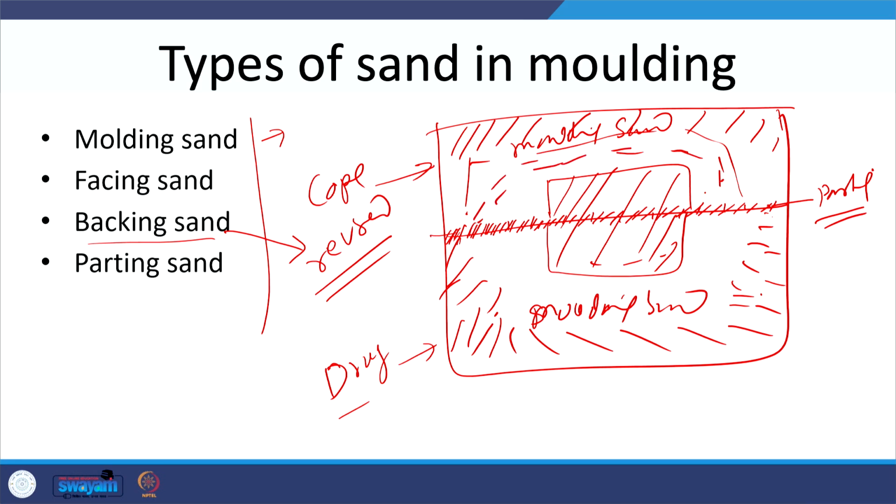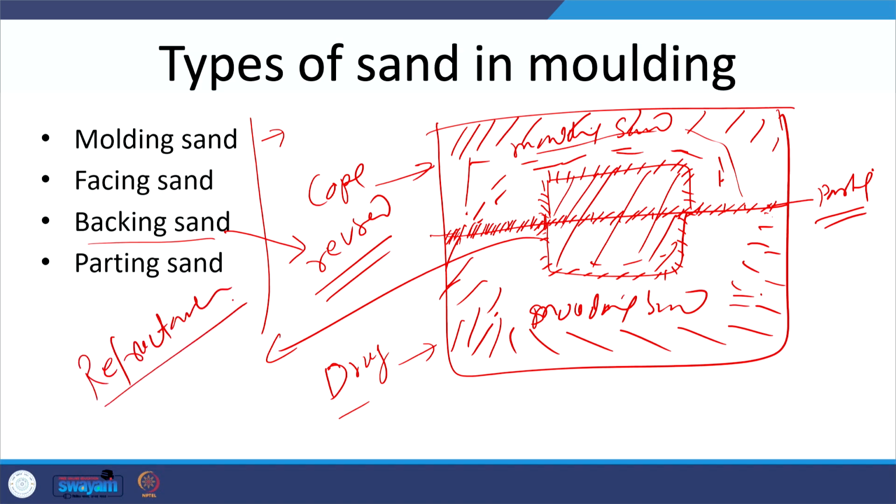The surface next to the pattern is applied with the facing sand. Facing sand is applied on the surface of the mold wall, primarily to improve the refractoriness, so that the high temperature stability of the mold surface is improved, and also to improve the surface finish.